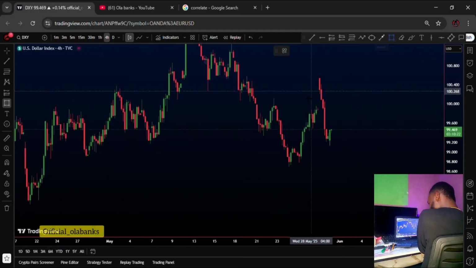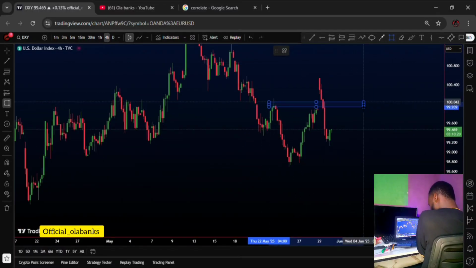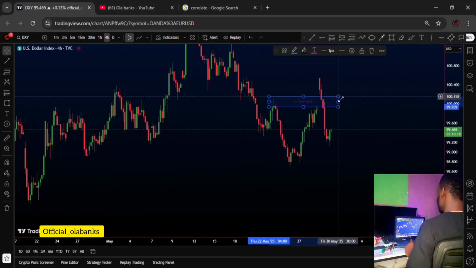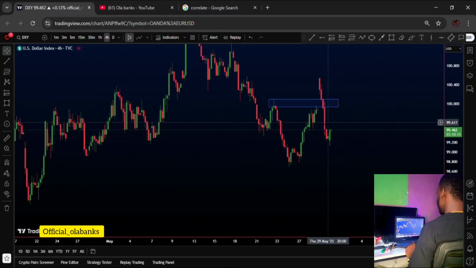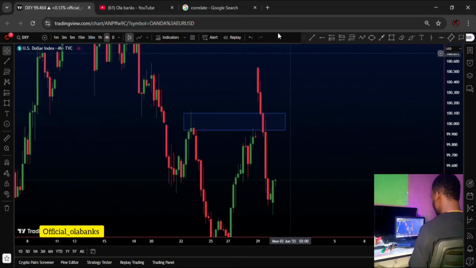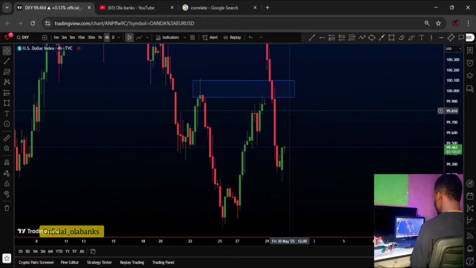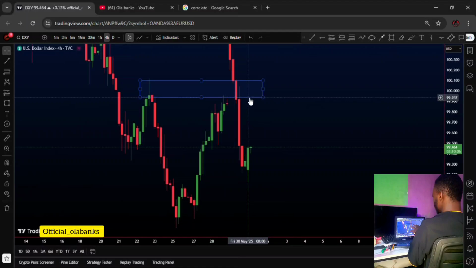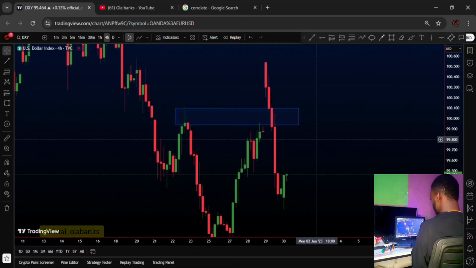Now here, if I just draw a support, a resistance here, you see the price broke above this level and broke down below again. Meaning the bearish sentiment is still continuing.